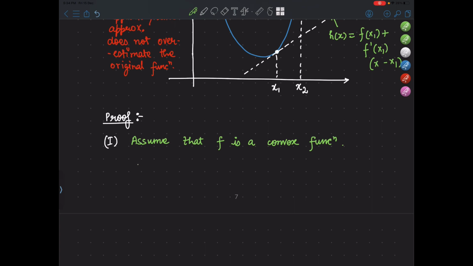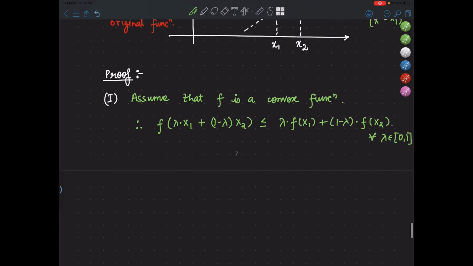That f(lambda x1 plus (1 minus lambda) x2) is less than or equal to lambda f(x1) plus (1 minus lambda) f(x2) for all lambda belonging to 0 to 1. This is what convexity of a function means.